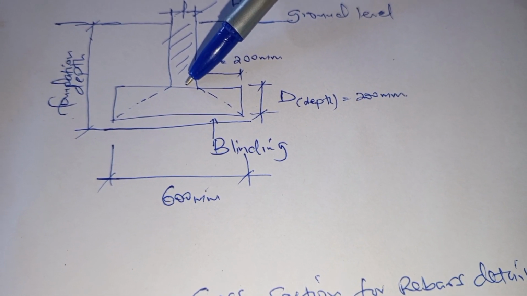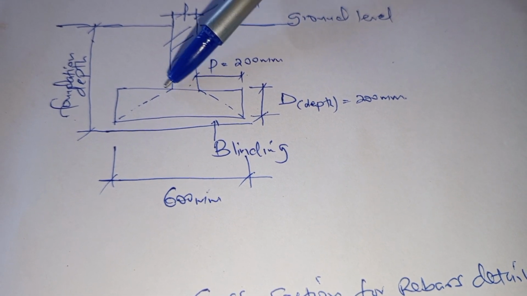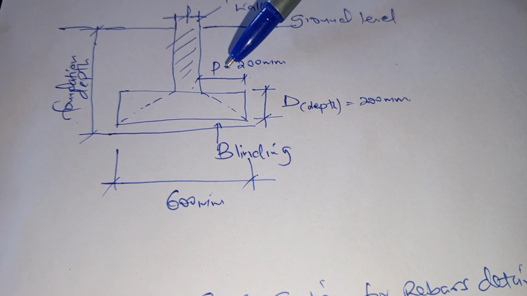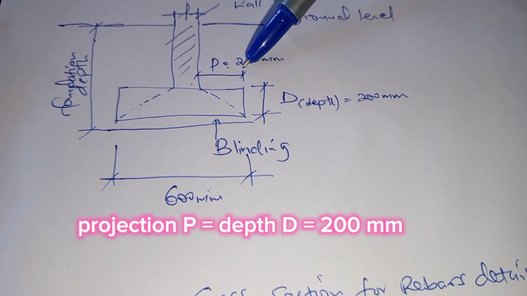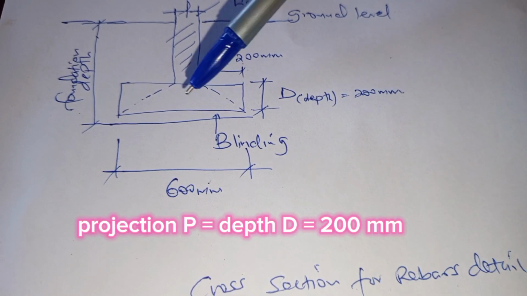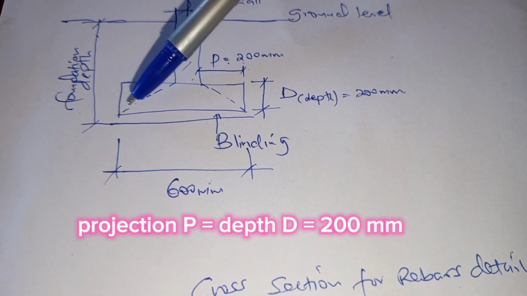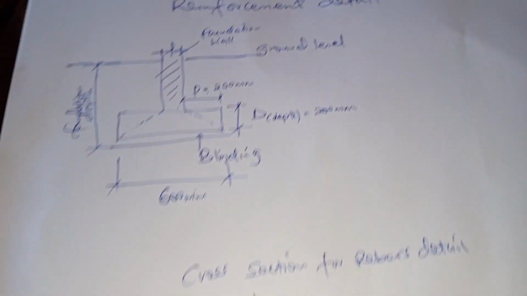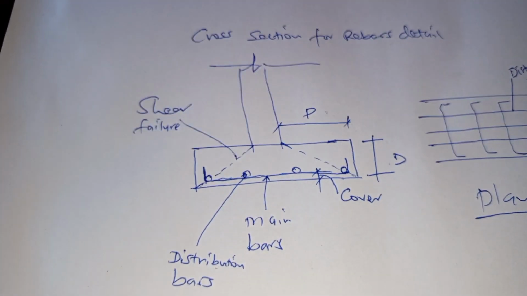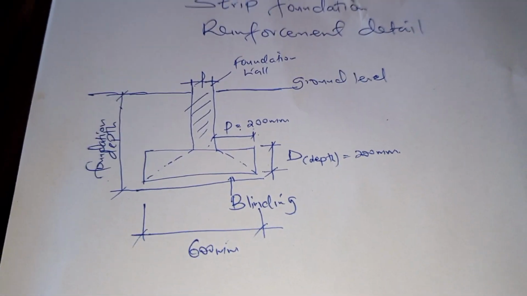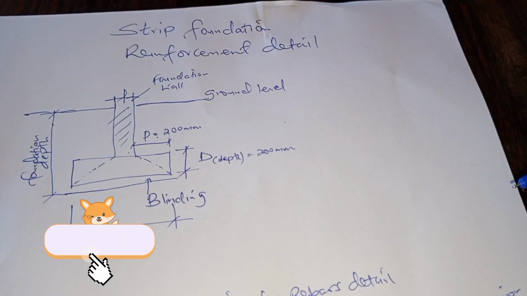This 400 is divided into two, so this side has 200 and this side has 200. So our projection P, which is 200, equals our depth D, which is also 200, since shear failure occurs at an angle of 45 degrees. That is how we detail our strip footing in terms of reinforcement, and how the shear failure occurs on the strip footing.